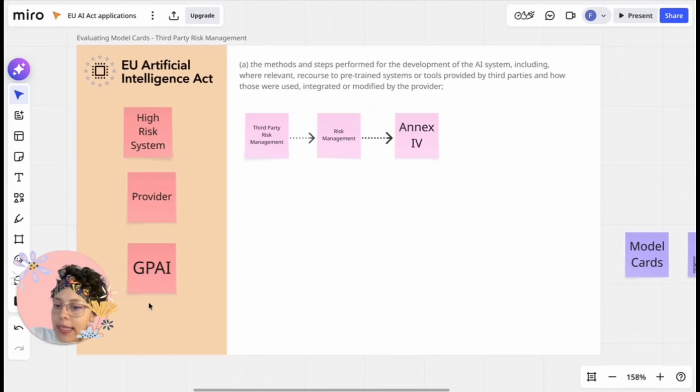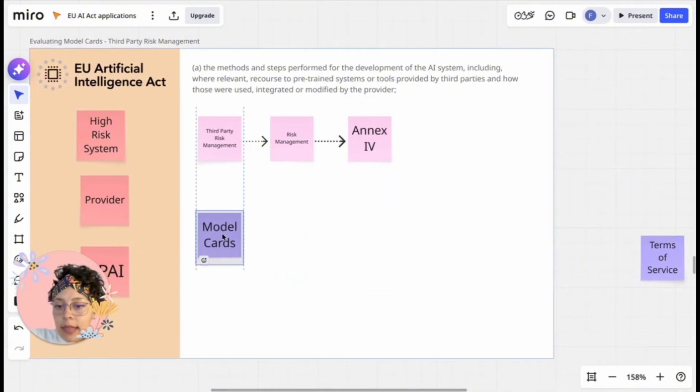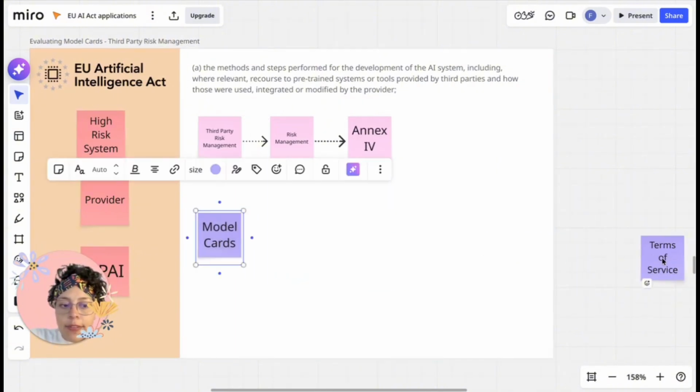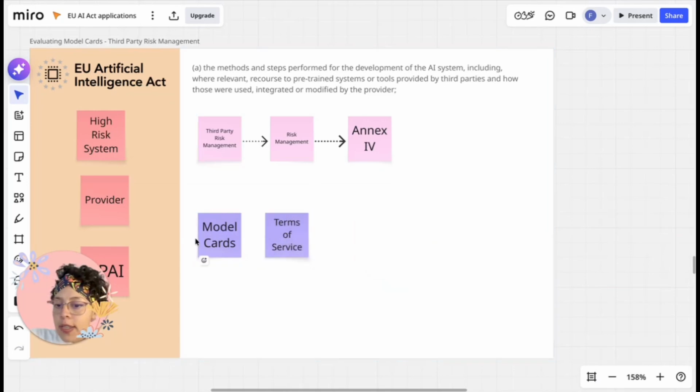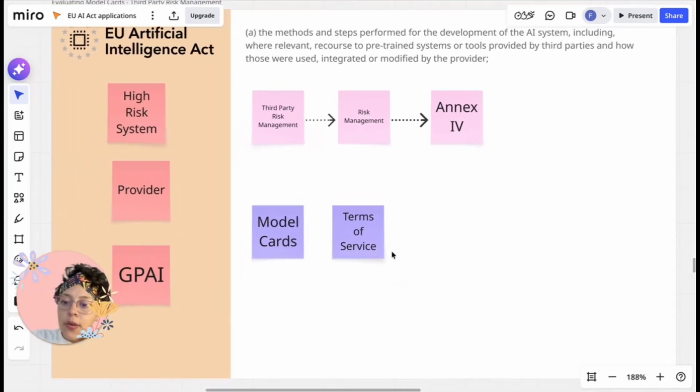And to evaluate the general purpose model that you are using to develop your system, on the internet you can find the model cards and also the terms of service, and with that you can evaluate how they also develop their system, right? So let's make examples of what I'm saying here.